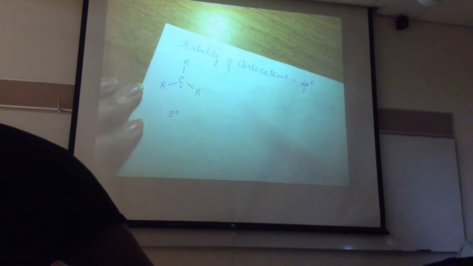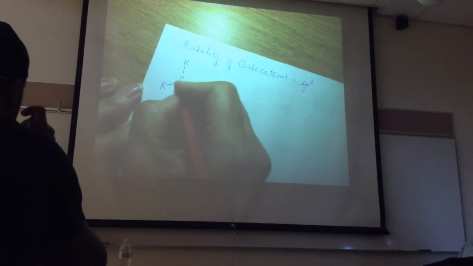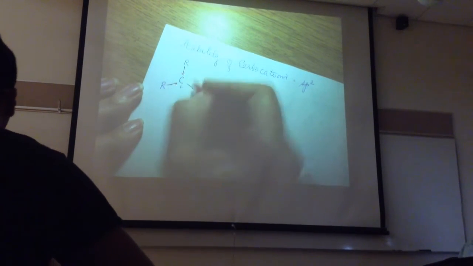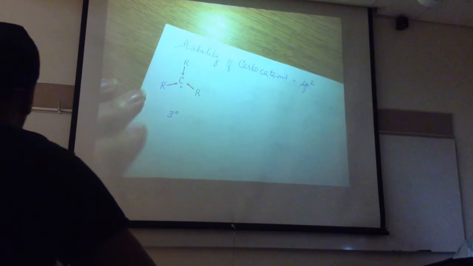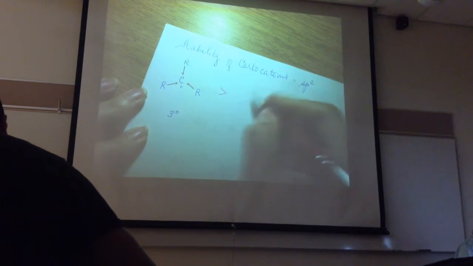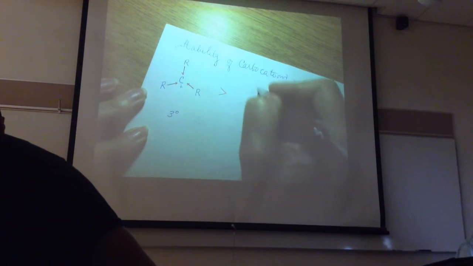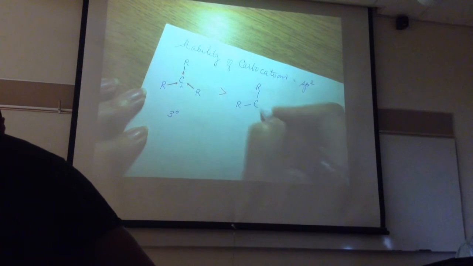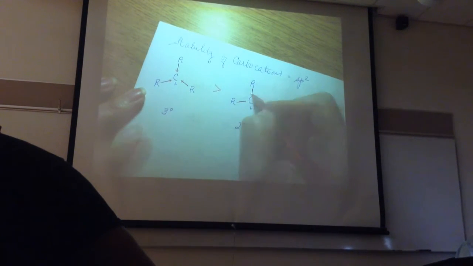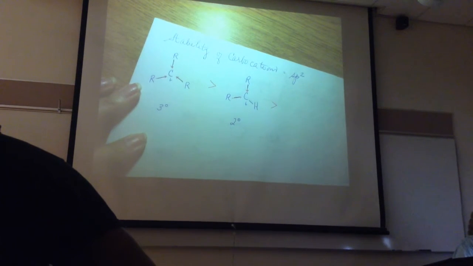And this is how I see the inductive effect. I put a little arrow, I put a little arrow. And at the end of the day, the more arrows I have, the more stable. When I come over here, and again, I do my little arrows, that's the inductive effect. This is really easy for me to remember.